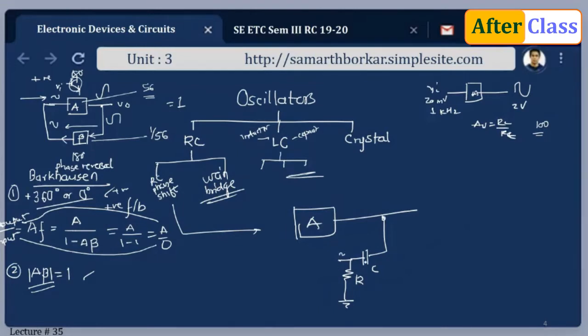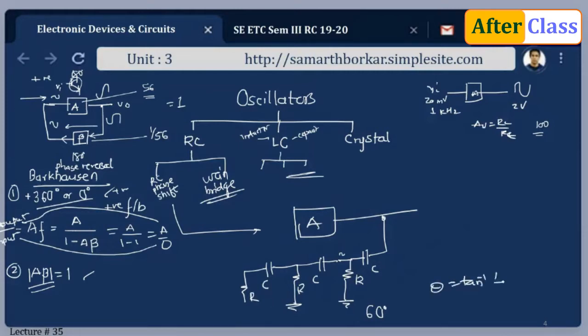If I select the values of R and C in such a way that this simple network provides a shift of 60 degrees, then I require three such sections. CR, and another section of CR.